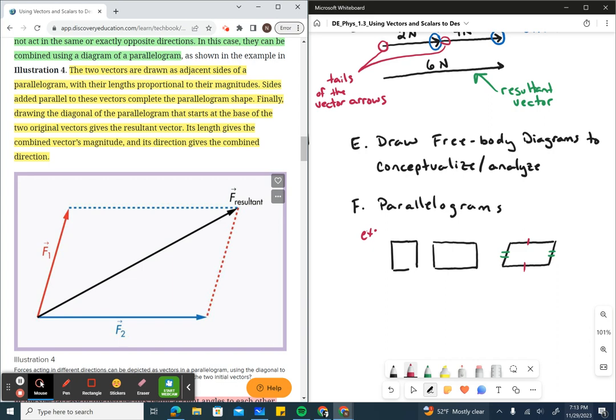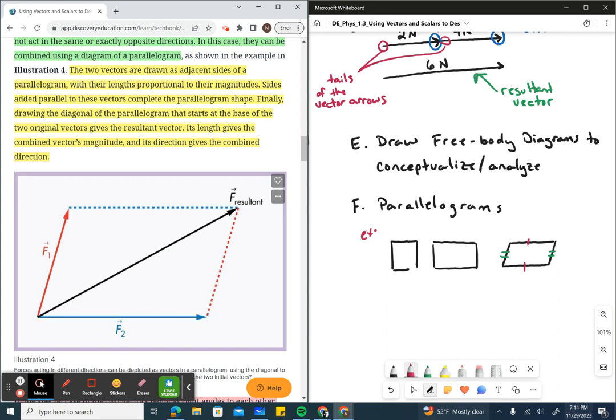Sides added parallel to these vectors complete the parallelogram shape. And then finally, drawing a diagonal of the parallelogram that starts at the base of the two original vectors gives the resultant vector. Its length gives the combined vector's magnitude, and its direction gives a combined direction.